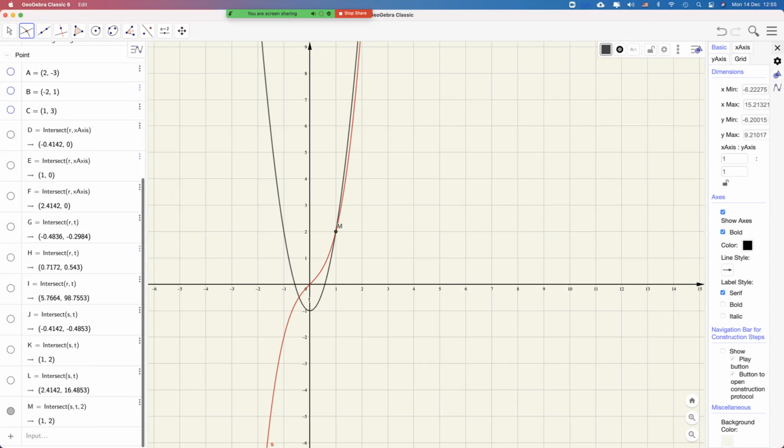But this point is M. I don't know, this is also not a good one. Yes, that's a good one, actually. You see, the x coordinate of this point, this is totally different point. But if you go here, the x coordinate is exactly 1. And 1 was one of the points that we got from the previous solution. This is why Rocco's method is better.